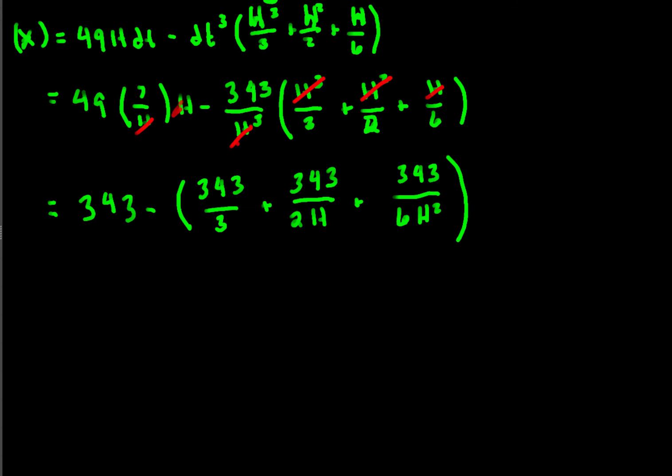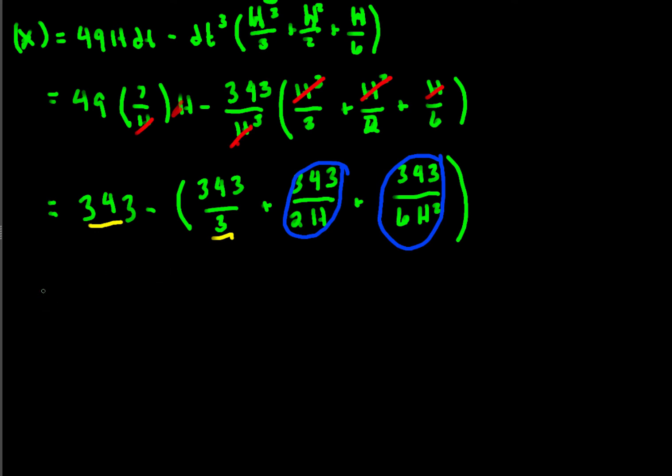And now we can recognize that because I'm dividing by an infinite number, this is an infinitesimal, so it's infinitely close to 0. This is an infinitesimal, infinitely close to 0. The other terms left behind are finite though, right? 343 and 343 over 3.